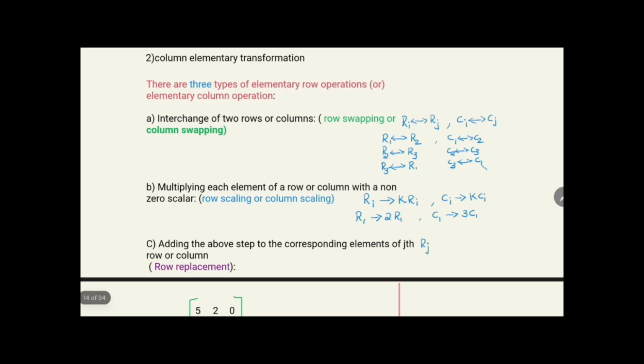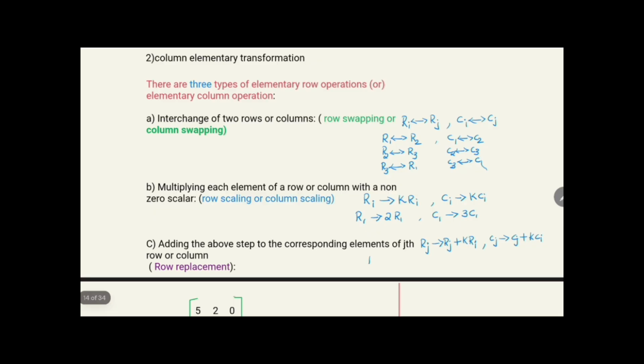It means that Rj implies Rj plus the scalar multiple from the above step, that is k Ri. Now add this k Ri here. Now coming to the column, Cj implies Cj plus the scalar multiple from the above step for columns, which is k Ci. Now add that k Ci here.